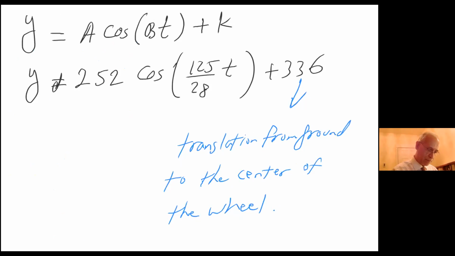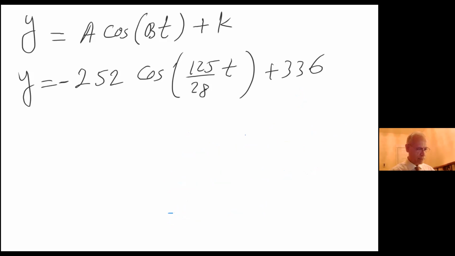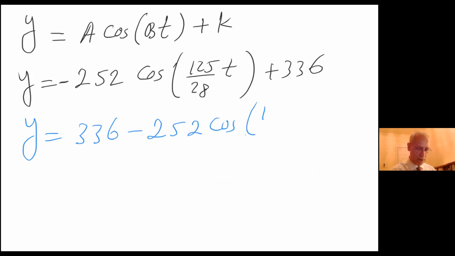So y equals negative 252 cosine of 125t over 28 plus 336. And one baby step here is to just rearrange it to make it a little bit nicer. You don't have to, but rewrite this as y equals 336 minus 252 cosine of 125 over 28 t.